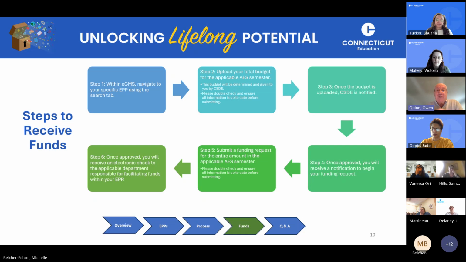So the system is that I will send you the amount of scholarships that have been awarded to you, do a budget upload for fiscal, and then I will notify you when it has gone through fiscal and approved and is now eligible for you to do a fund request. Thank you. Oh, and so you upload it for approval to fiscal, or we upload it in EGMS? Sorry, I just want to make sure I understand.